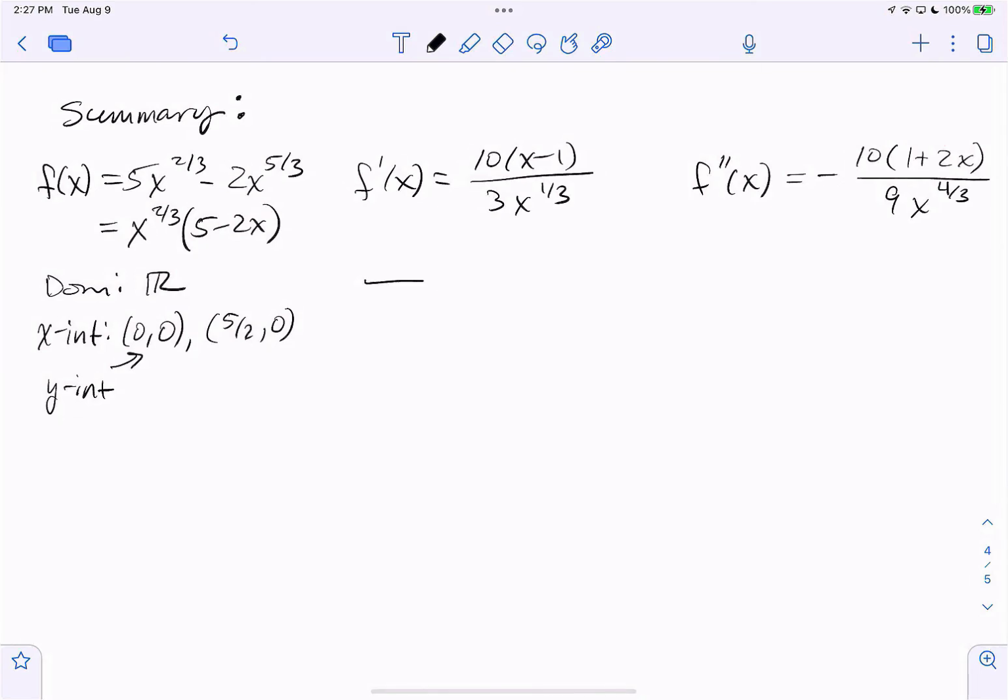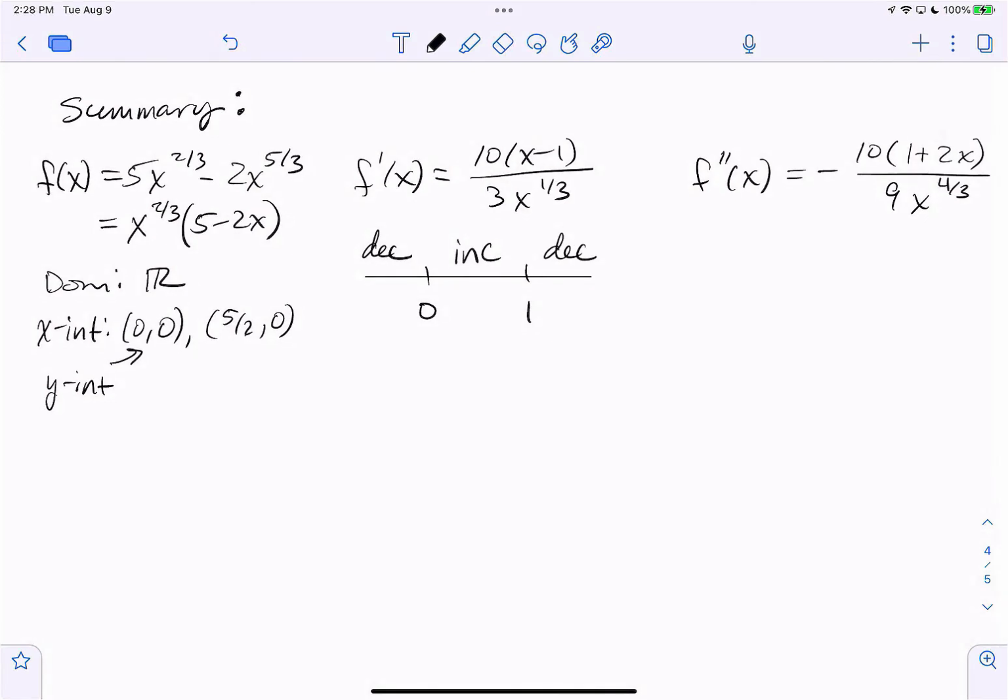We used f prime to find intervals of increasing and decreasing. What we found was that the graph is decreasing to the left of 0, increasing between 0 and 1, and then decreasing to the right of 1. We said that we had a local minimum at 0, and then we used the function itself, f, to say that the local minimum value is 0.